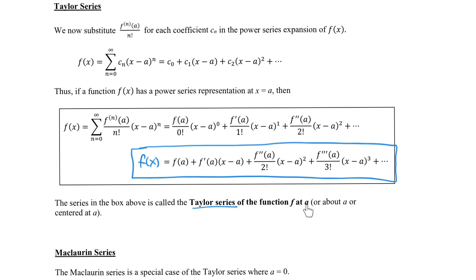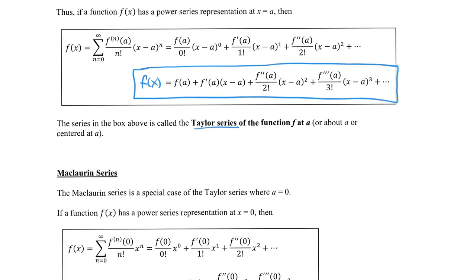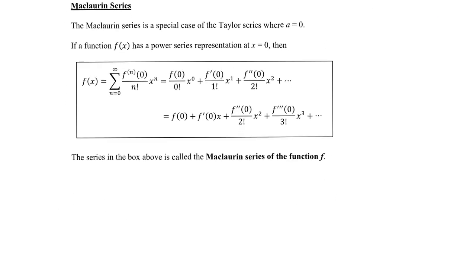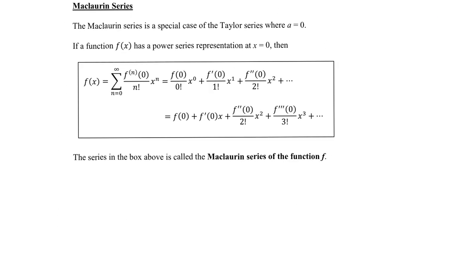Now, if a happens to be 0, like right at the origin, then this will clean up a little. So all the a's will be zeros, and x minus a would just be x minus 0, which is just x. And when that happens, you have what's called the Maclaurin series. The Maclaurin series is just a special case of the Taylor series where a equals 0.